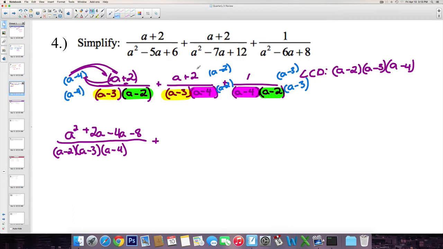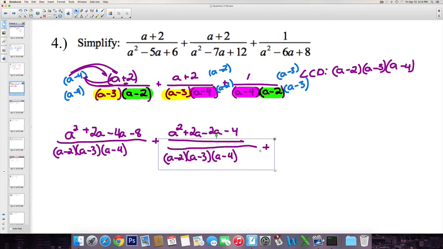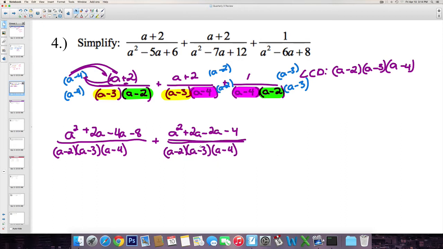Plus, again, we want to double distribute here. A squared plus 2a minus 2a minus 4 over, once again, our LCD. So I'm going to try to speed this up here. And then our last one, took a little shortcut there.